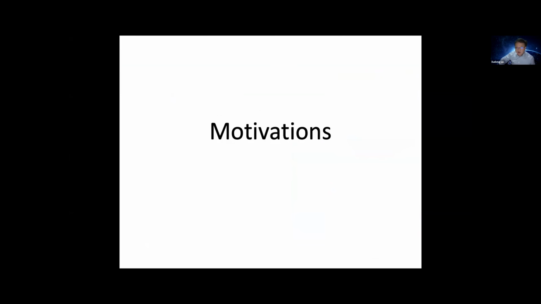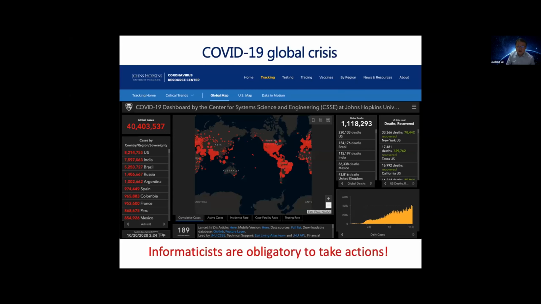So I will explain the motivation of my research. As the first country to report the COVID-19 cases, China has conducted the related research very early, and actually COVID-19 is very serious now.